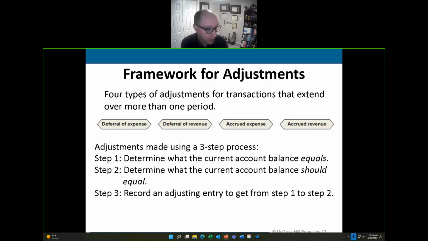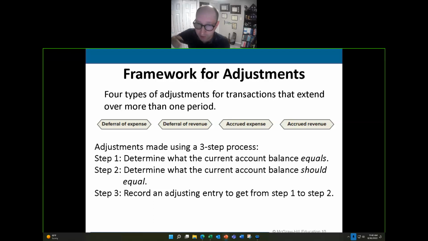If I pay my insurance bill up front for the full year in advance, let's say my insurance bill starts September 1, 2022, and ends August 31, 2023. That's the next 12 months, right?